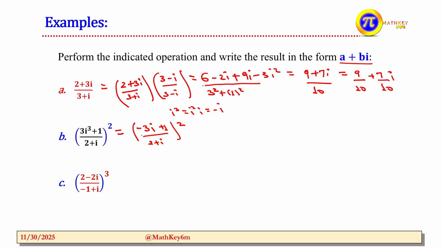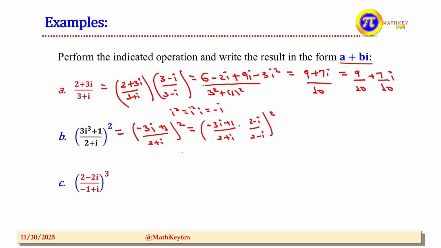We can express this in the form of a plus bi. The inner one: multiply (minus 3i plus 1) divided by (2 plus i) by the conjugate of the denominator, that is (2 minus i) over (2 minus i), since this is the conjugate of our denominator.